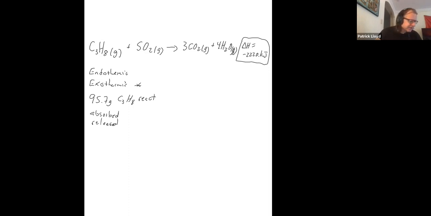And in this case, it is in the form of heat. So it's negative. So that means it's exothermic. So that means energy is released. So that's pretty obvious. And now they'd ask you to calculate Q. Q is the heat released in this case by the reaction.